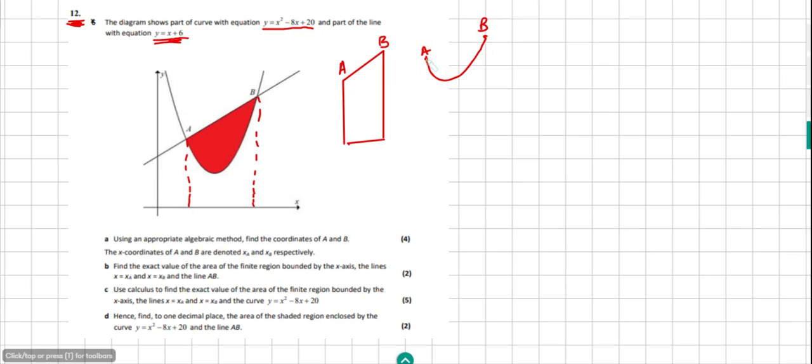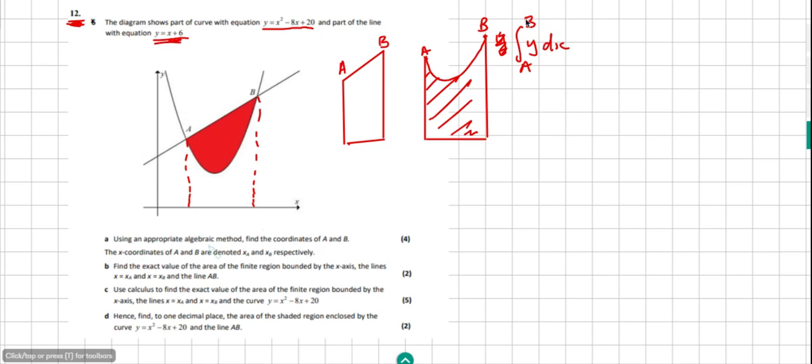A and B, and we can find the area underneath that, for which we would use integration. So the area underneath this would be found by integrating y with respect to x between these 2 points, these two limits. So it's a definite integral between these 2 points.